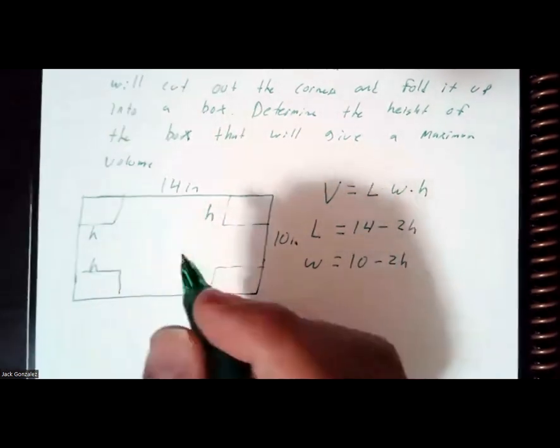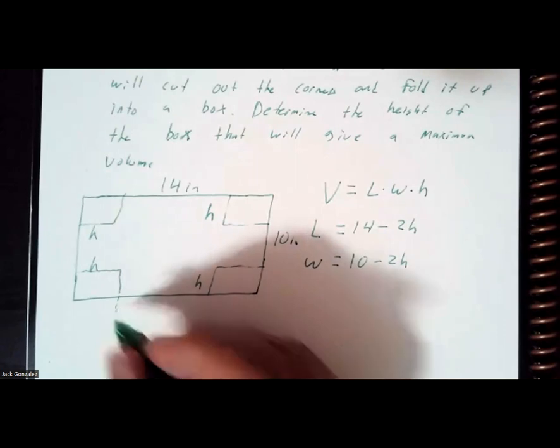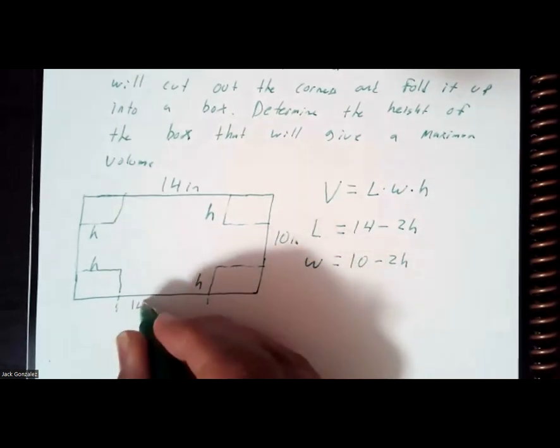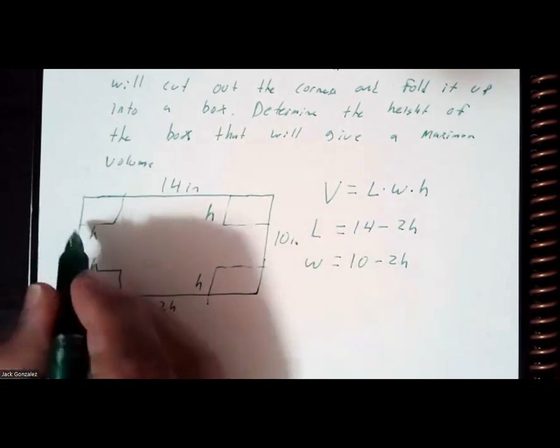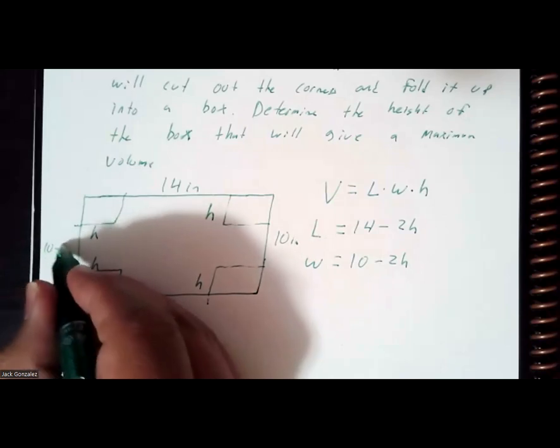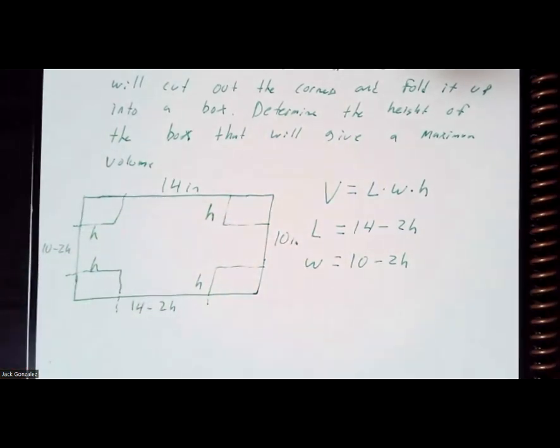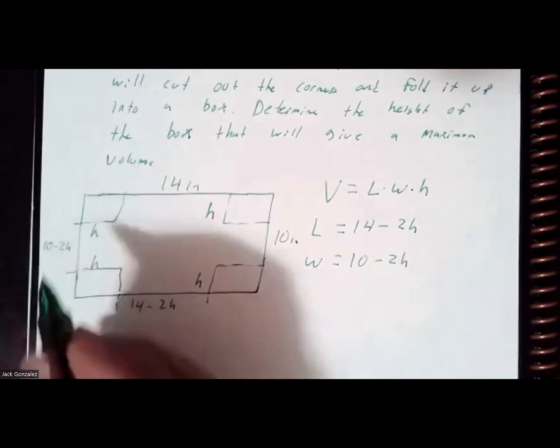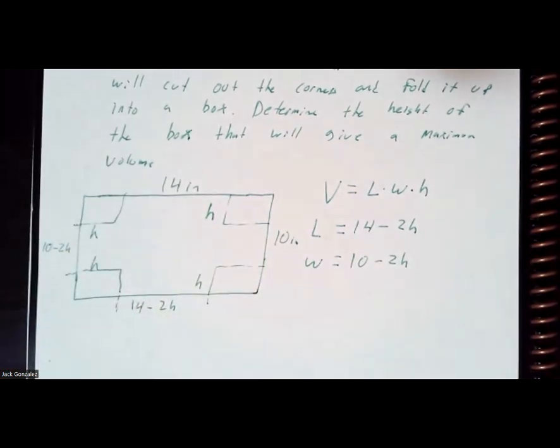So this section right here is 14 minus 2h. This right there is 10 minus 2h. That make more sense? Yes. Okay. Alrighty, so we want everything in terms of h. And we kind of already have it, don't we?